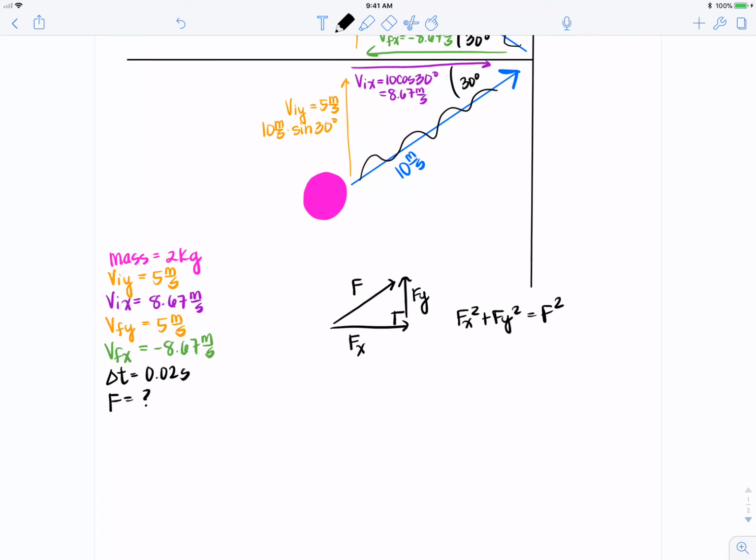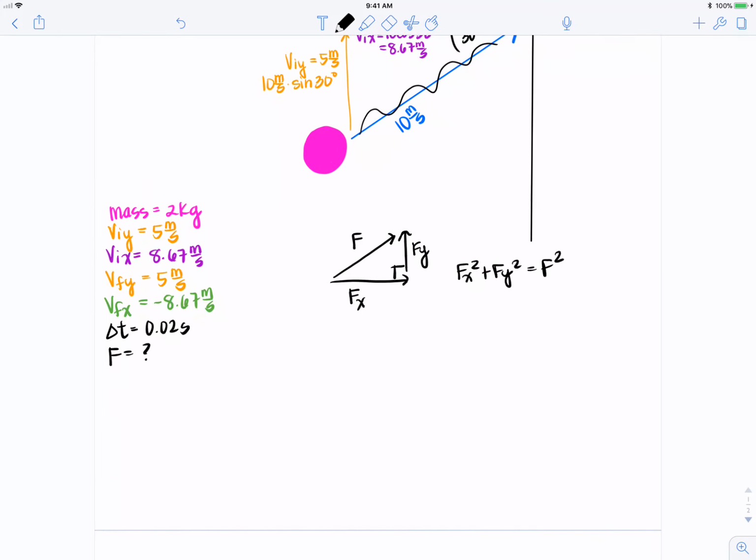So let's solve for our force in the x and the y direction. We start with writing out the entire equation. F delta t equals m delta v. I'm solving for force, so divide both sides by delta t. The equation I'm going to use then is F equals m delta v over delta t.